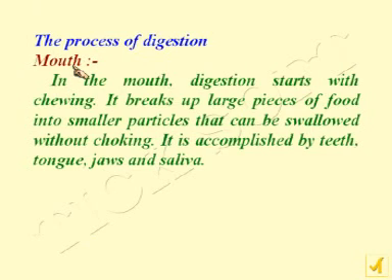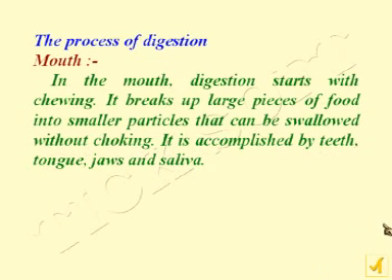The starting point of the digestive system is the mouth. In the mouth, digestion starts with chewing. It breaks up large pieces of food into smaller particles that can be swallowed without choking. This is accomplished by teeth, tongue, jaws and saliva.